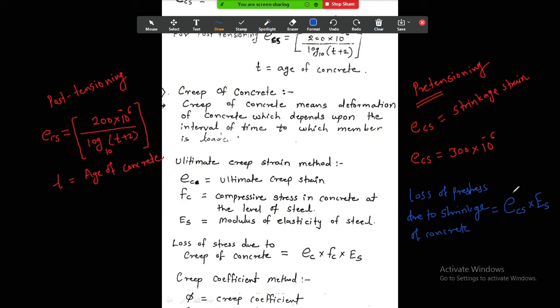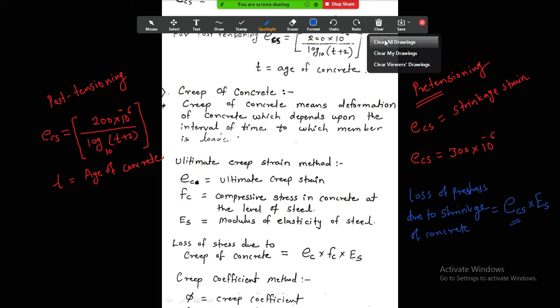To calculate the shrinkage strain, these two formulas are there. So this is about the shrinkage of concrete. Write down the formula, also take the screenshots.